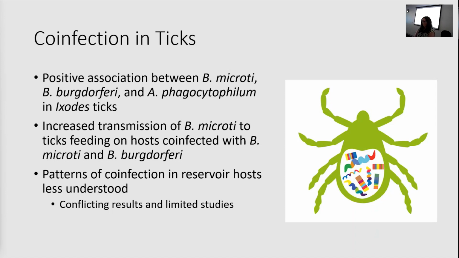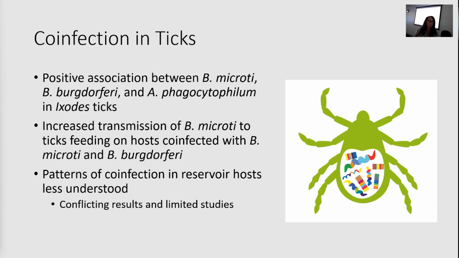Borrelia burgdorferi, Babesia microti, and Anaplasma phagocytophilum all share the same tick vector, which is Ixodes scapularis, and this could promote co-infection in both ticks and in reservoirs. Positive associations have also been documented between Babesia microti, Borrelia burgdorferi, and Anaplasma phagocytophilum in Ixodes ticks, and increased transmission of Babesia microti to ticks feeding on hosts that are co-infected with Babesia microti and Borrelia burgdorferi has been observed as well.